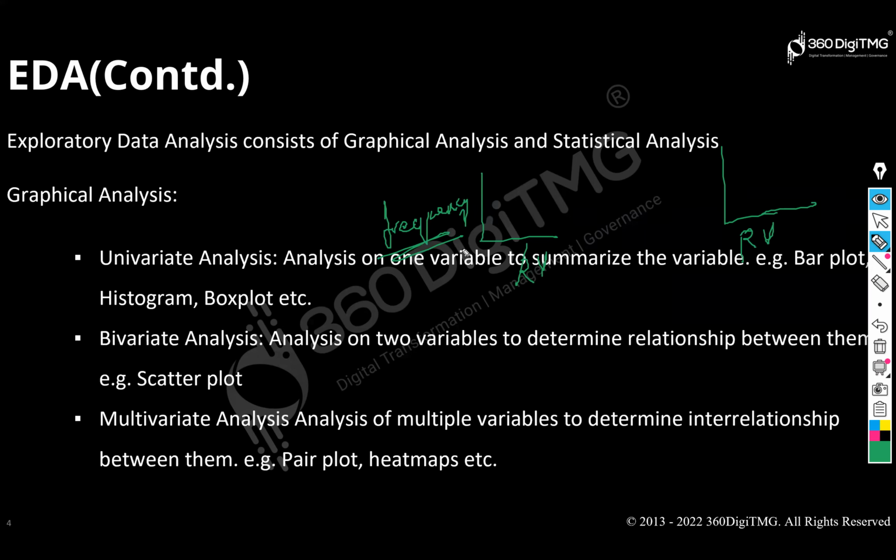When it is density or probability, it is a probability distribution. Only the y-axis changes, but everything else is the same. Histogram creates a set of bins. This is one bin, that is a group. This is one bin, this is one bin, and so on. I hope it is clear.